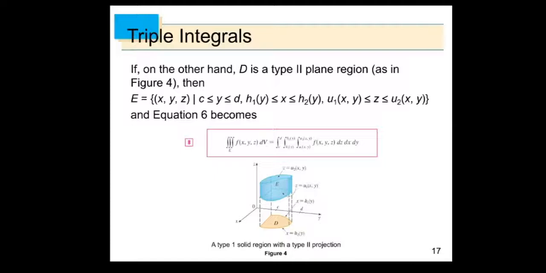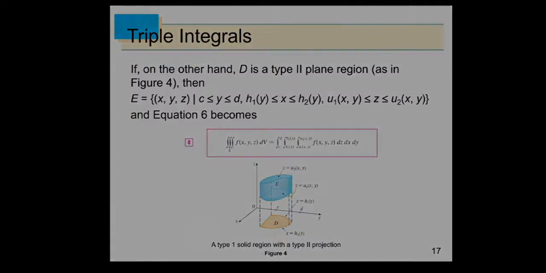We will integrate with respect to x on the second integration, and the first integration would be with respect to z, because we have two variables.